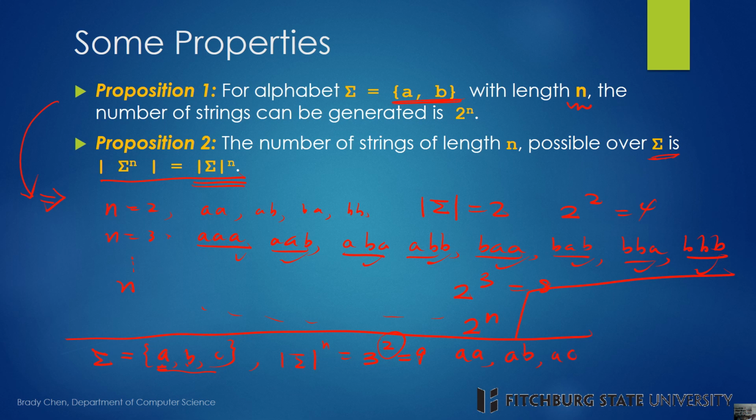Then we put the B first, then BA, BB, BC. And then CA, CB, and CC. So we have a total of 1, 2, 3, 4, 5, 6, 7, 8, 9. So that's 3 to the 2, that's 9. It's 3 square.